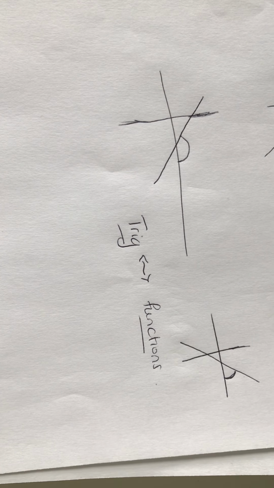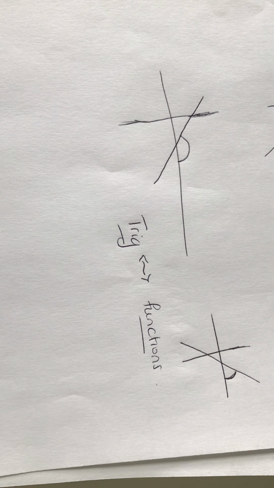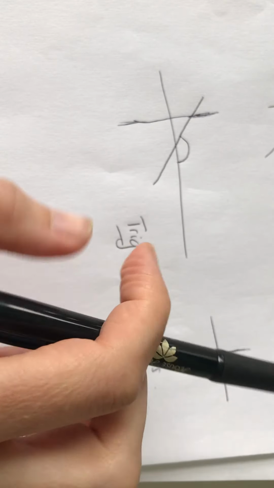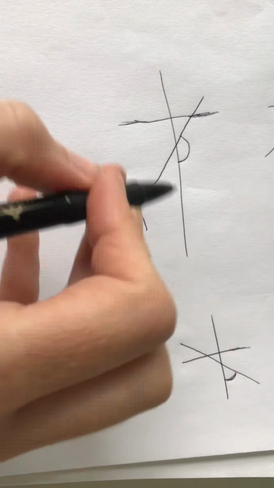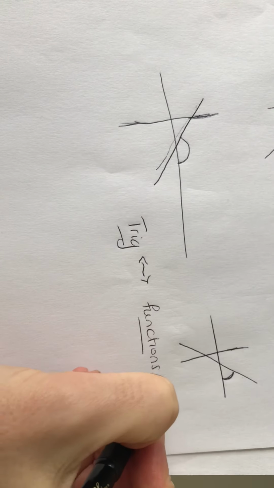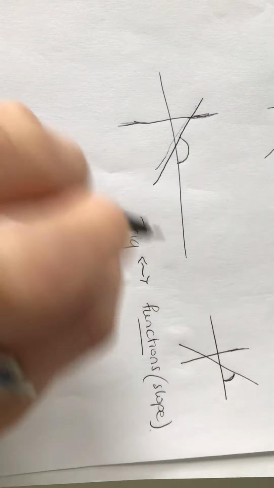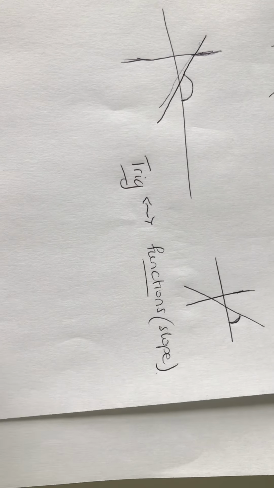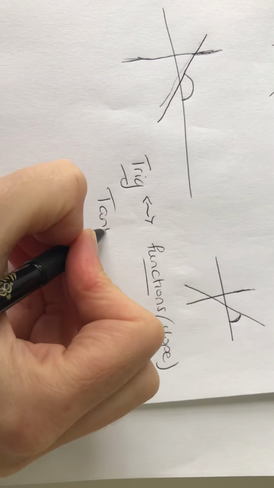So what do I know in trigonometry? Maybe we can even be a little bit more specific. It's not just functions, it's the slope of that line. So where's the link between trigonometry and slope of something? That's tan.